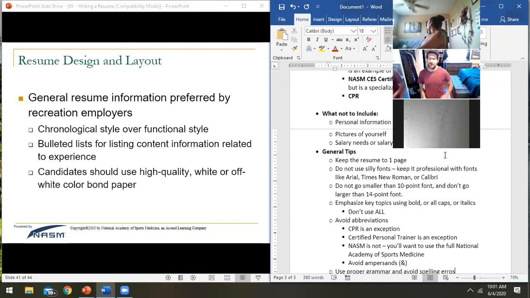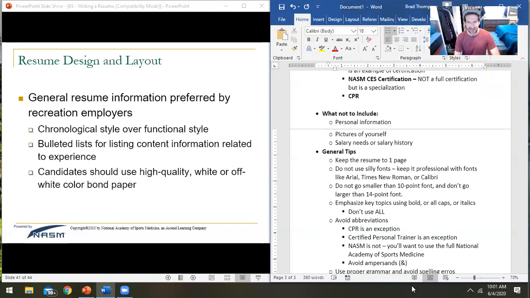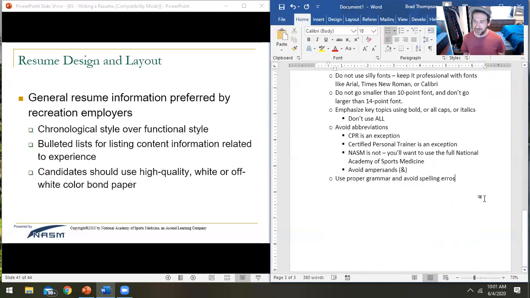I remember getting that resume and just being like, oh no. So avoid spelling errors, avoid abbreviations, especially abbreviations that are not actual abbreviations. We're living in this text world. Watch for stuff like that.